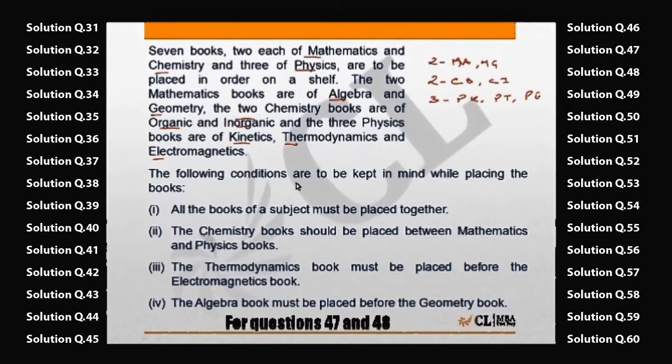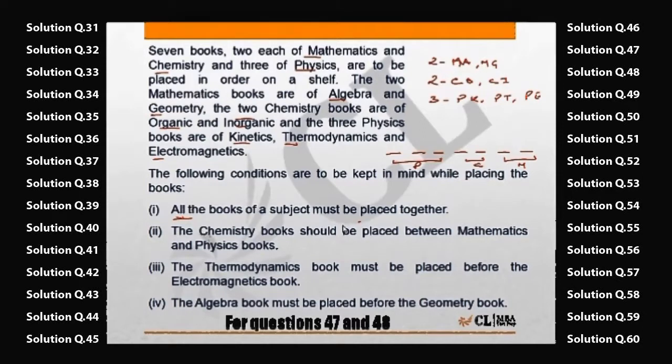The following conditions are to be kept in mind while placing the books. All books of a subject must be placed together. So 7 books have to be placed, 1, 2, 3, 4, 5, 6, 7, but all books of a subject have to be placed together. Chemistry books should be placed between mathematics and physics books, which means chemistry will be in the middle, which means the first 3 can be physics, the last 2 can be mathematics, and the middle 2 will then be chemistry.